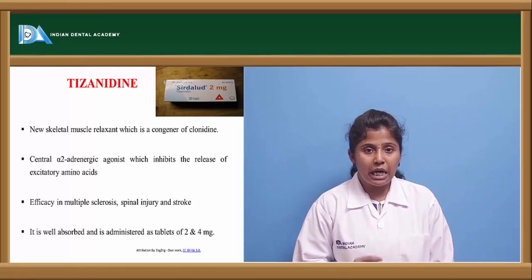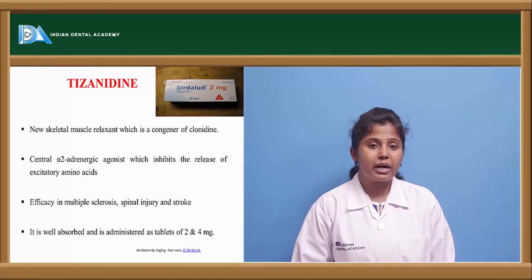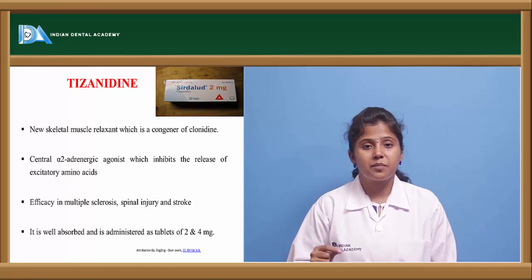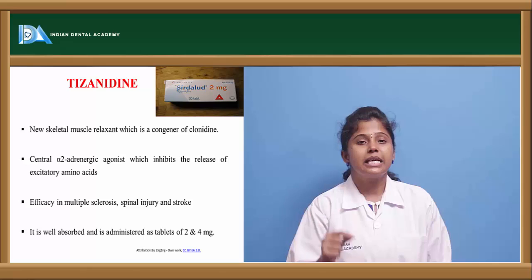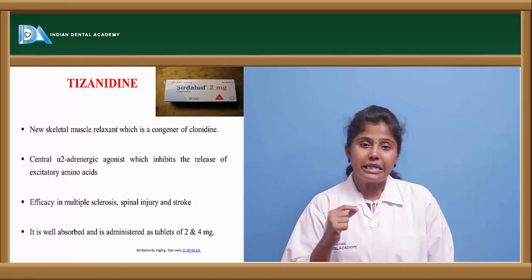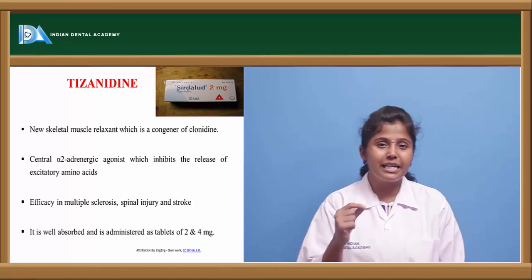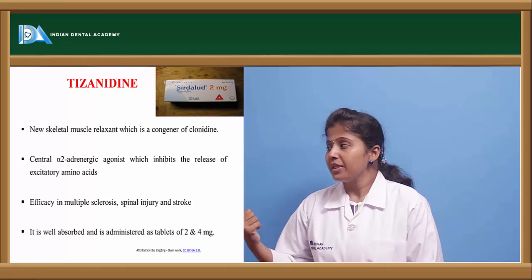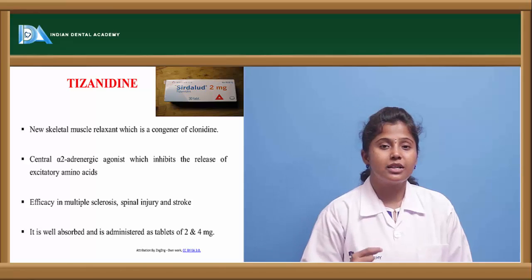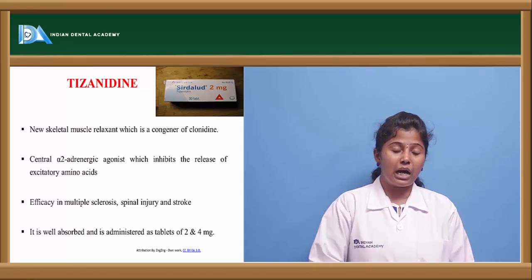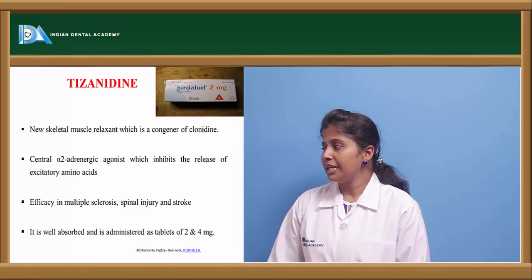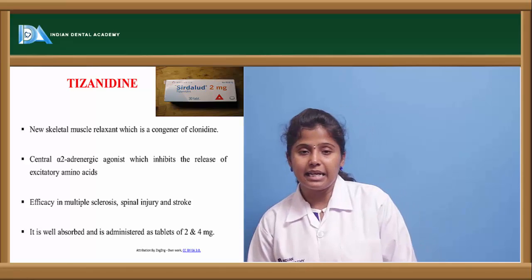So if acetylcholine or adrenaline binds to the alpha-2 receptors which are present in the central nervous system, then it leads to an increase in the muscular tone. Here, tizanidine is an alpha-2 agonist, an analog of clonidine, where it binds to the alpha-2 receptors, and thereby it reduces the muscular tone, and it even inhibits the release of the excitatory amino acids.